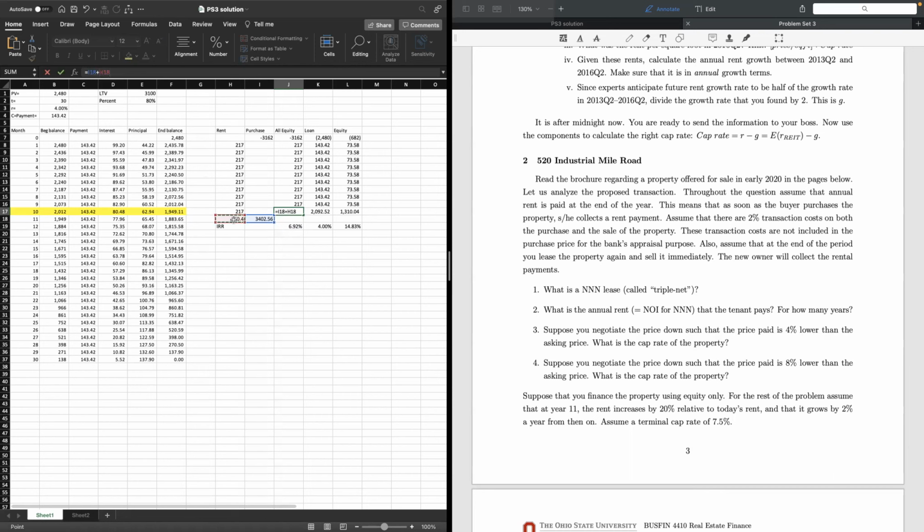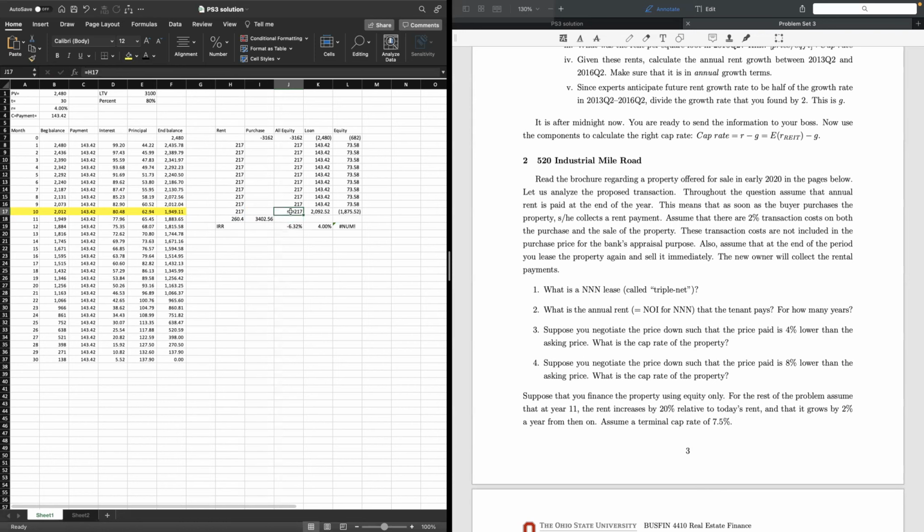And I see some of you found a huge negative IRR, which is actually very cute, because some of you forgot to include the sale price. If you only include the rent every year, of course it's a negative return.